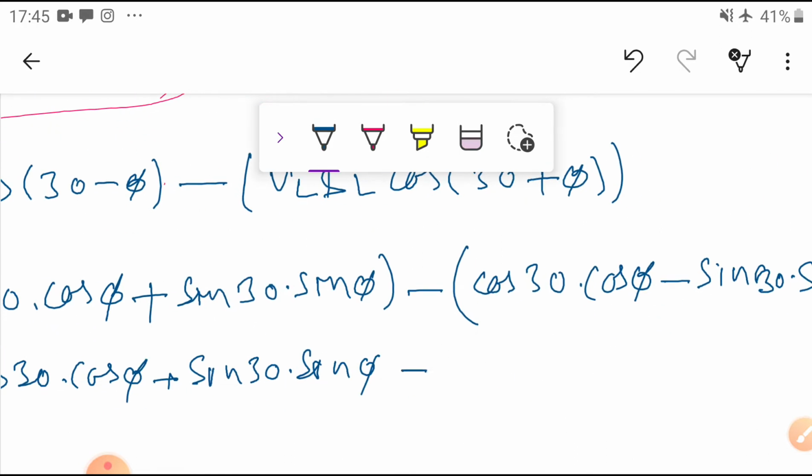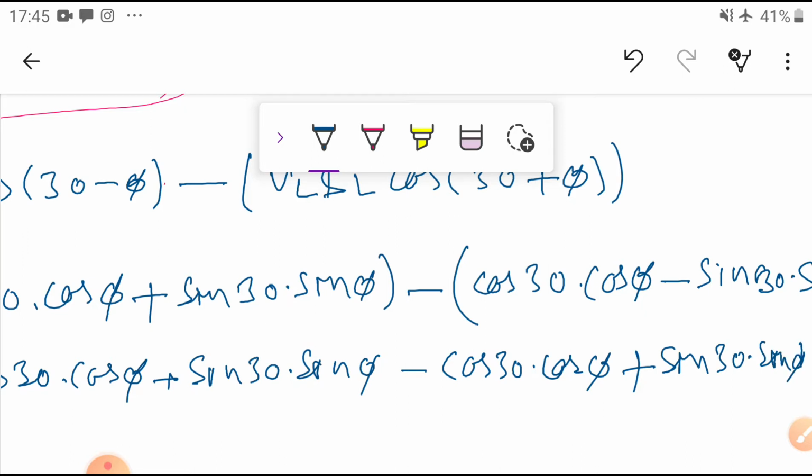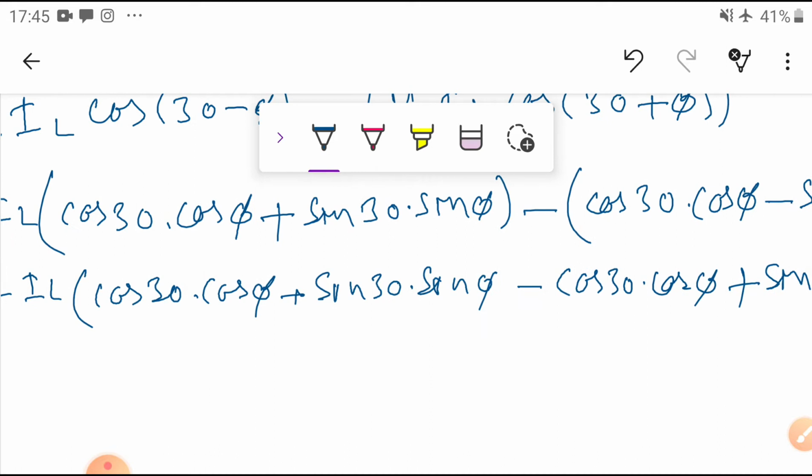Minus of this value, that is cos 30 cos phi minus, minus plus sin 30 sin phi. Okay, now what has happened? Here you can clearly see it.